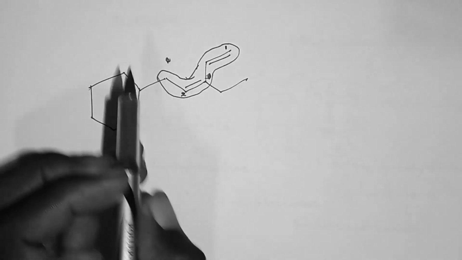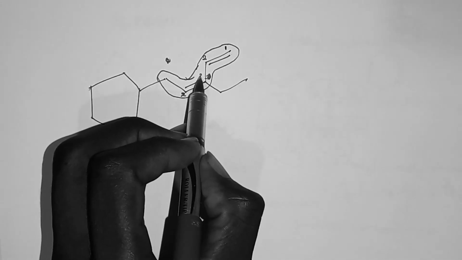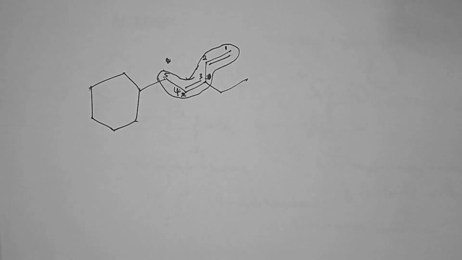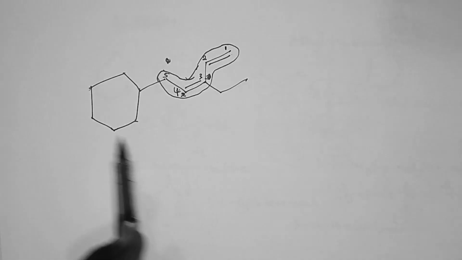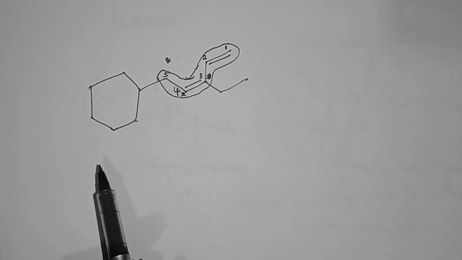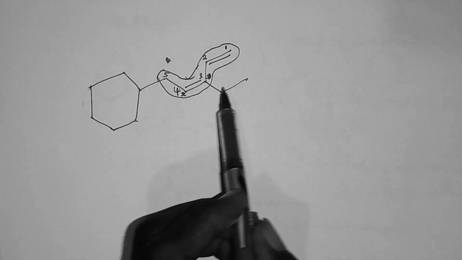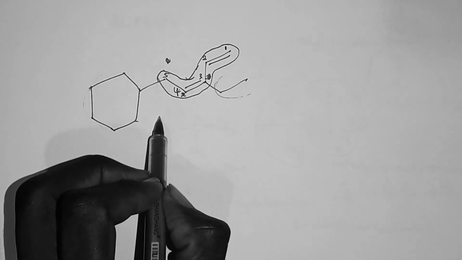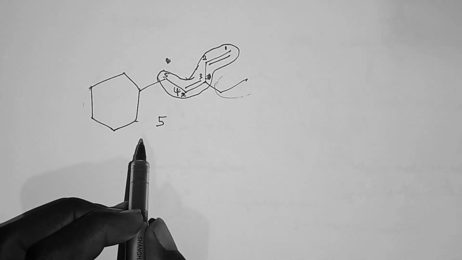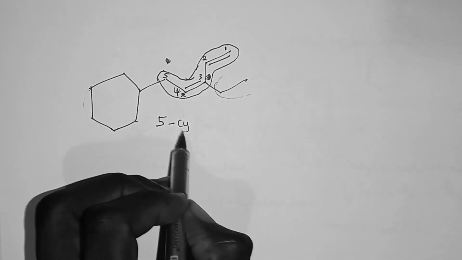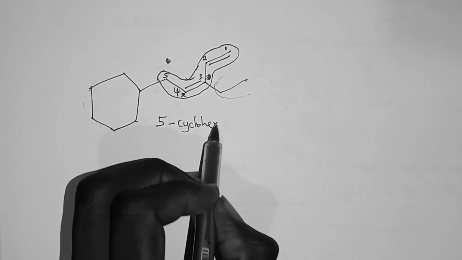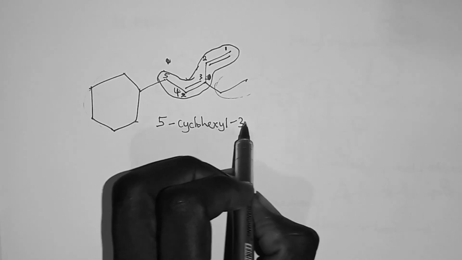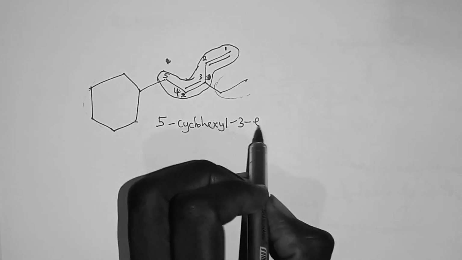And therefore, this rather becomes carbon number 1, 2, 3, 4, and then number 5. So you see that this becomes a substituent, which is a cyclohexyl substituent, and we also have an ethyl substituent. So the cyclohexyl substituent is on carbon number 5, so it becomes 5-cyclohexyl. Then the ethyl substituent is on carbon number 3, so it's a 3-ethyl.